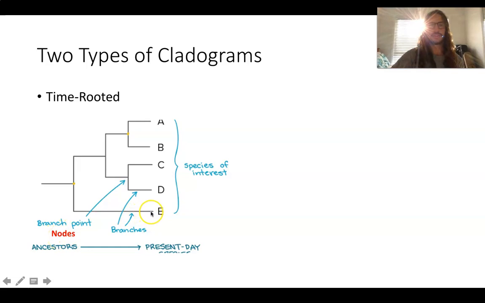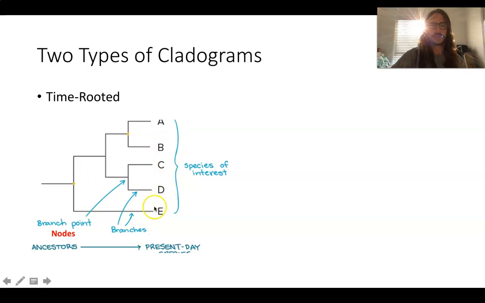The way in which we do that is by tracing back the lines. So I'll show you how. Now, a node is again where it branches, not where it turns. So if we are looking at species E compared to species D, let's travel back through the lines and count the nodes as we go between them.